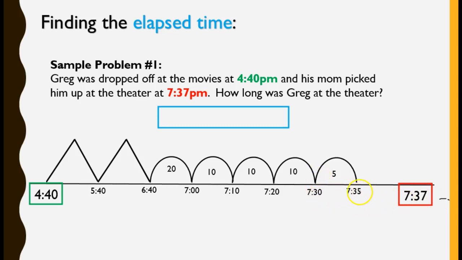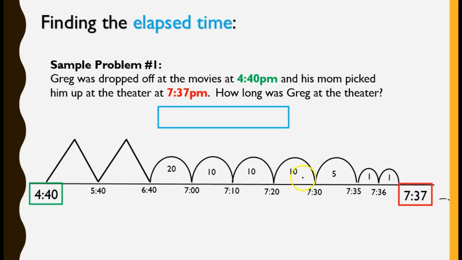So I want to go to 7:35. Now I'm super duper close. So I'm going to add some rocks, which are just 1 minute. 1 minute will take me to 7:36, and 1 more minute gets me to 7:37. Okay, so I've made my way to 7:37.